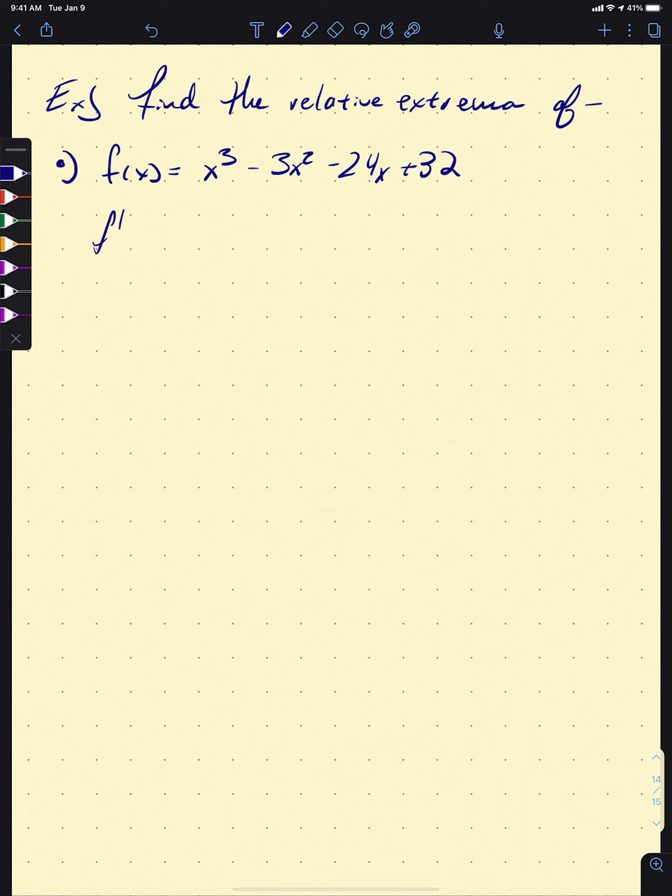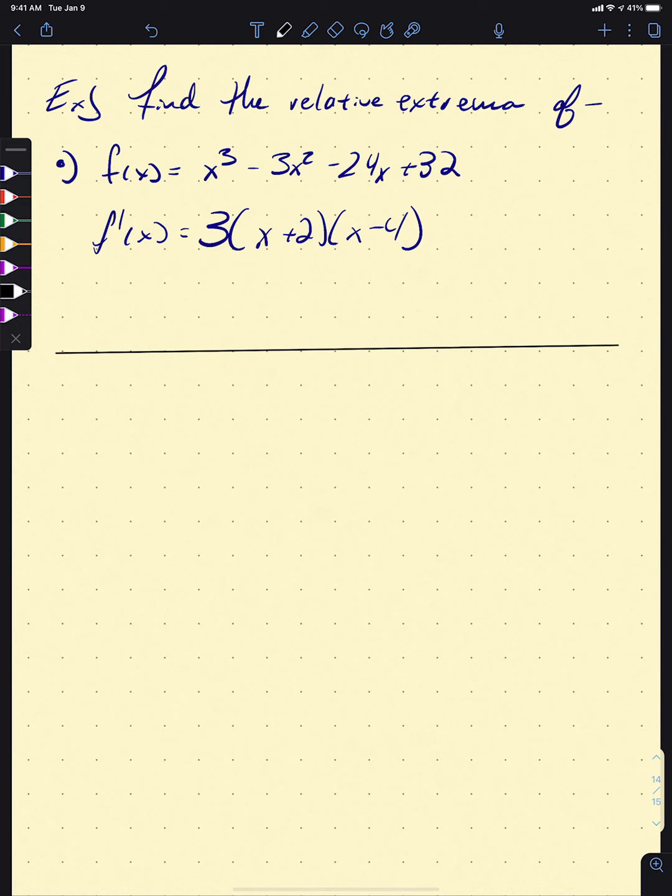And if we remember, our derivative is going to factor into 3 times x plus 2 times x minus 4. And you know what? We already did all the work here, right? Because if we remember, we have negative 2 and we have 4. And we're negative on this interval, 0 there and there, right?